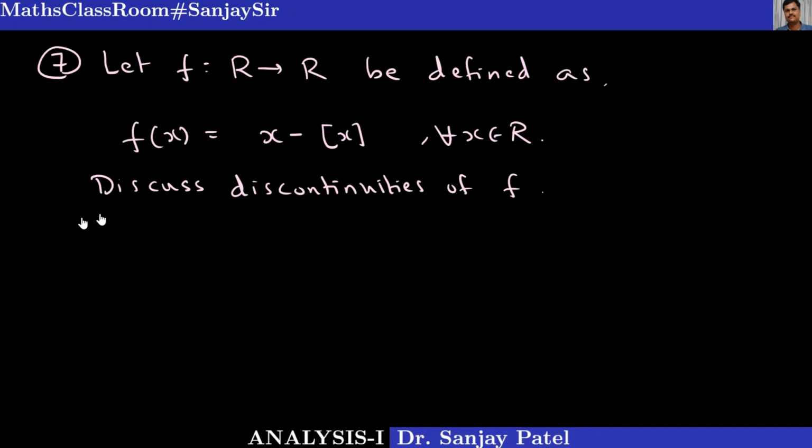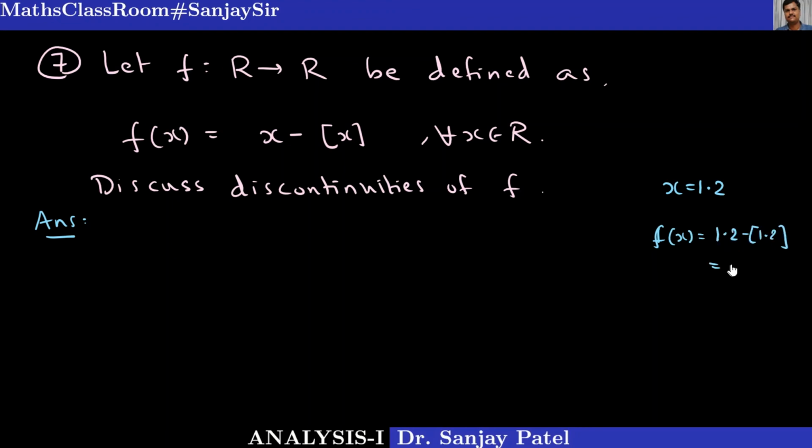First of all, here also, as in the previous example, we'll draw the graph of this function. Before that, you observe, suppose we have x equal to 1.2, then the value of f(x) is 1.2 minus bracket of 1.2.